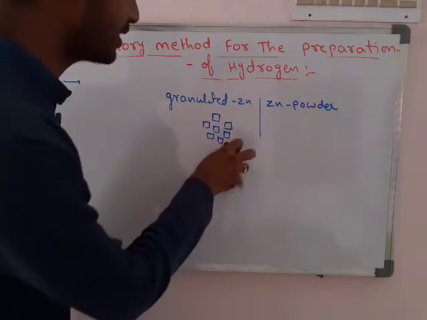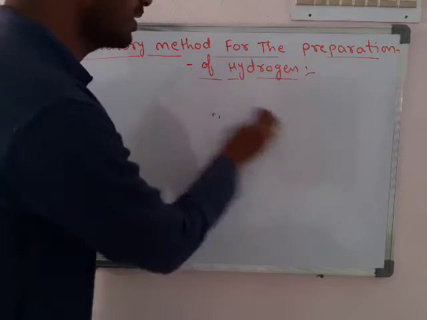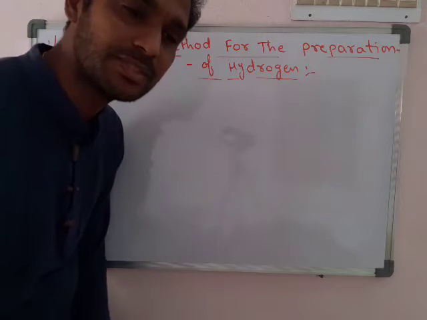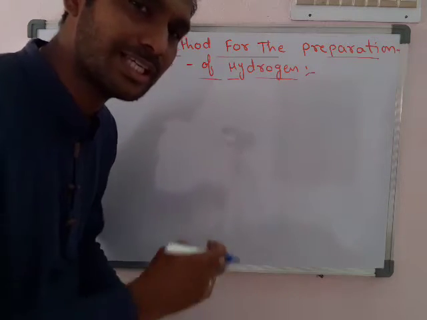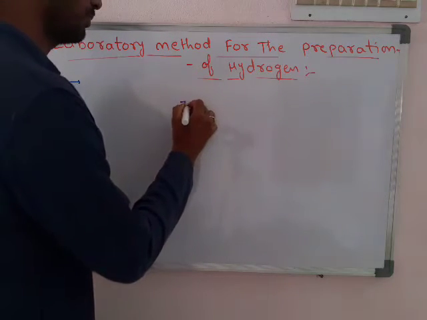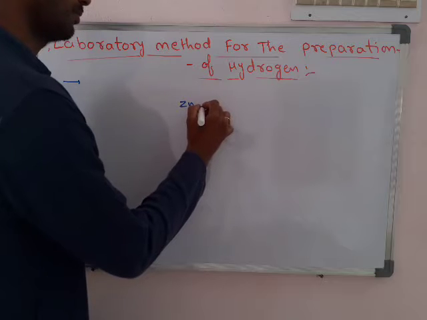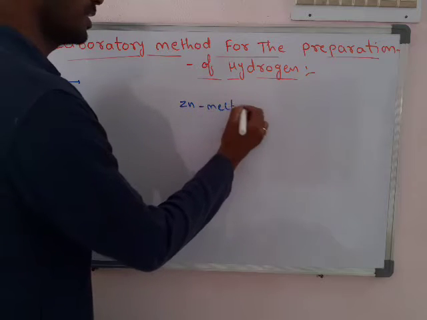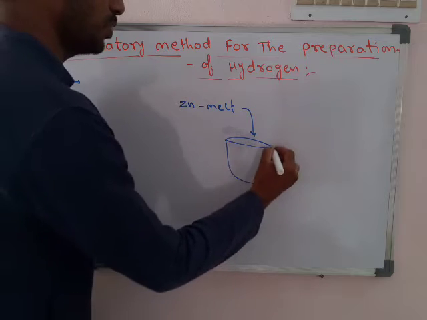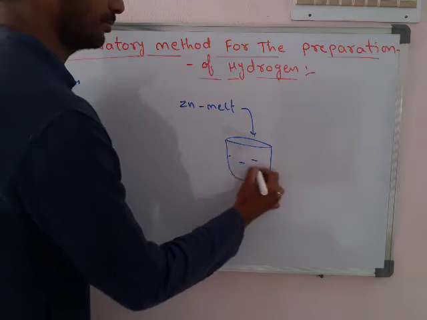That's how granulated zinc is prepared: zinc metal is melted, and the melt of zinc is suddenly poured into cold water.